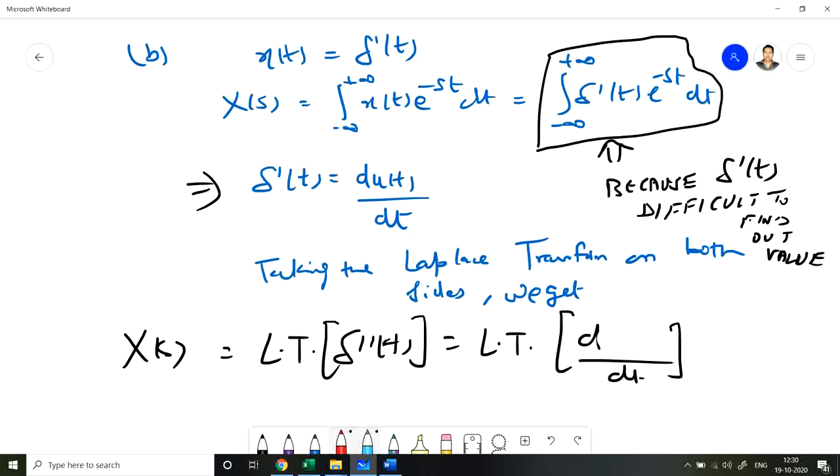Basically t is changed to t plus b by a, and after that we did scaling by multiplying by a constant value a. So we can directly find the Laplace transform of δ(a(t plus b by a)).